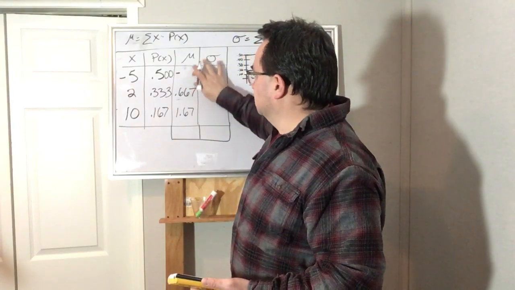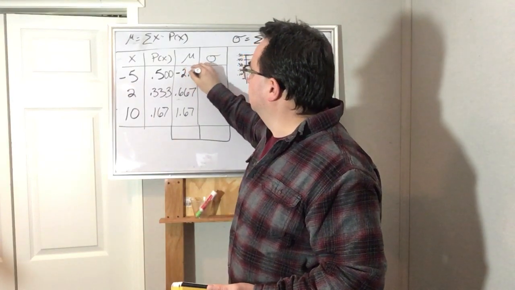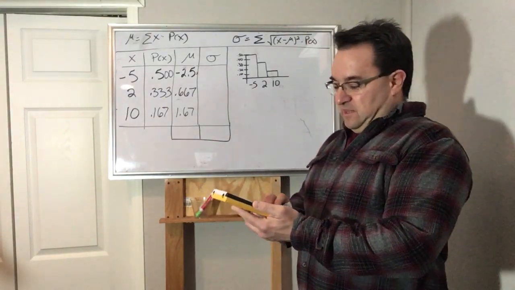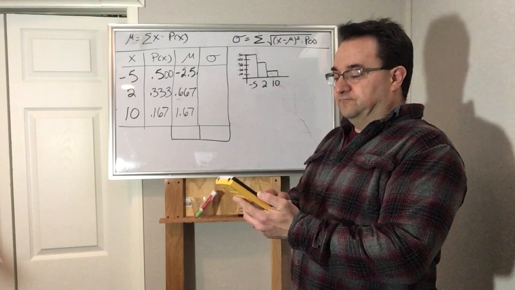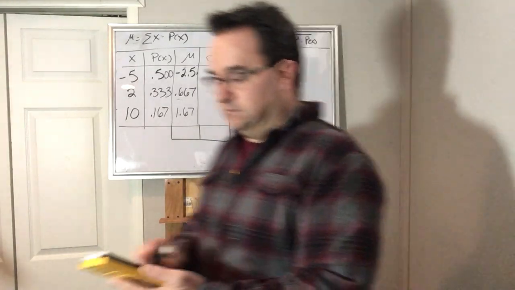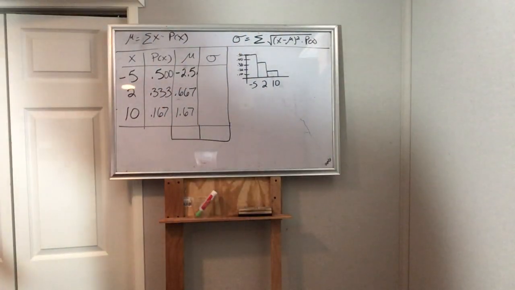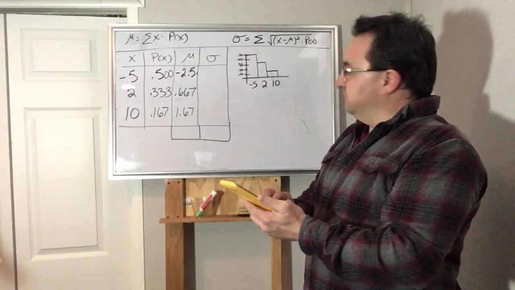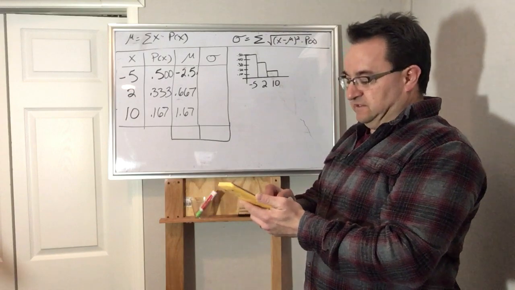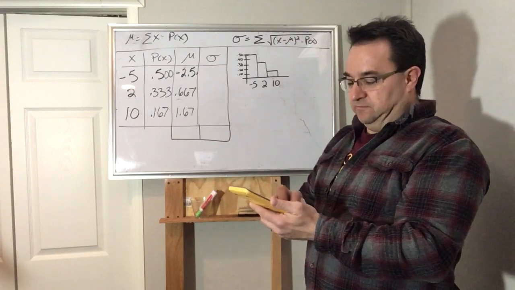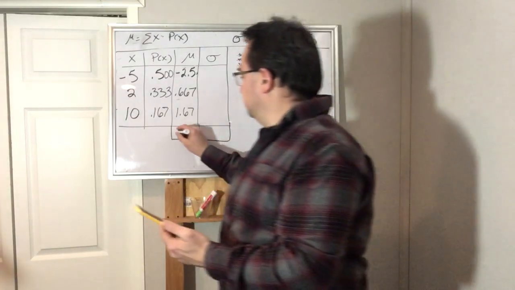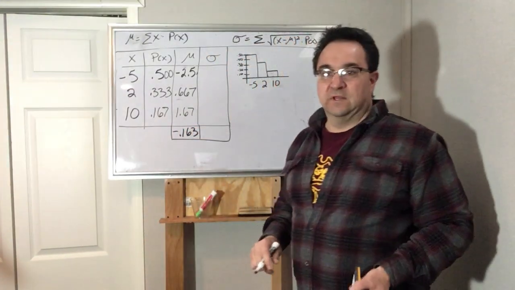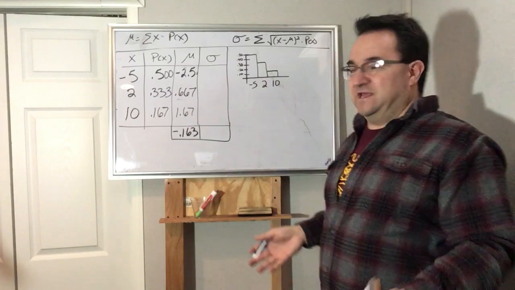If you were thinking this is wrong because it's minus 2.5, I agree with you, minus 2.5. So let's see what we get. Minus 2.5 plus 0.667 plus 1.67 is minus 0.163. Now, before we even go any further, what does that mean?